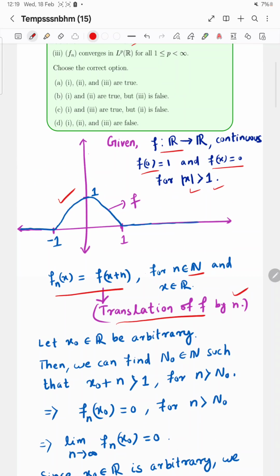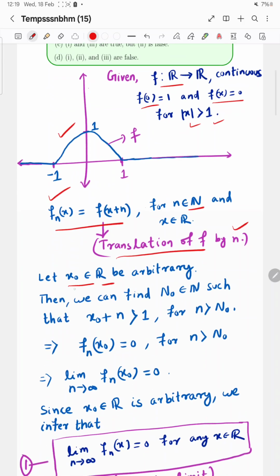Now we will evaluate the pointwise limit of this sequence of functions. So we take any arbitrary point x0 belonging to the domain R. Since x0 is a finite real number, we can find a natural number n0 belonging to the natural number set N such that this relation holds for every n greater than or equal to n0.